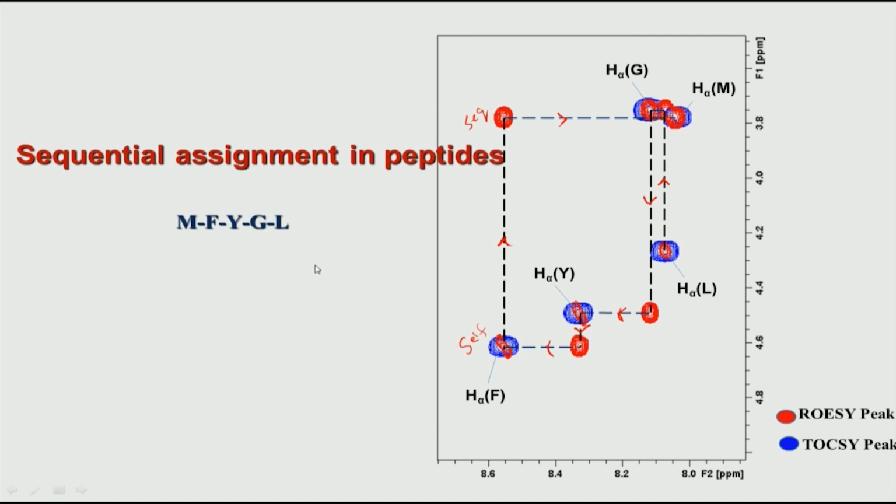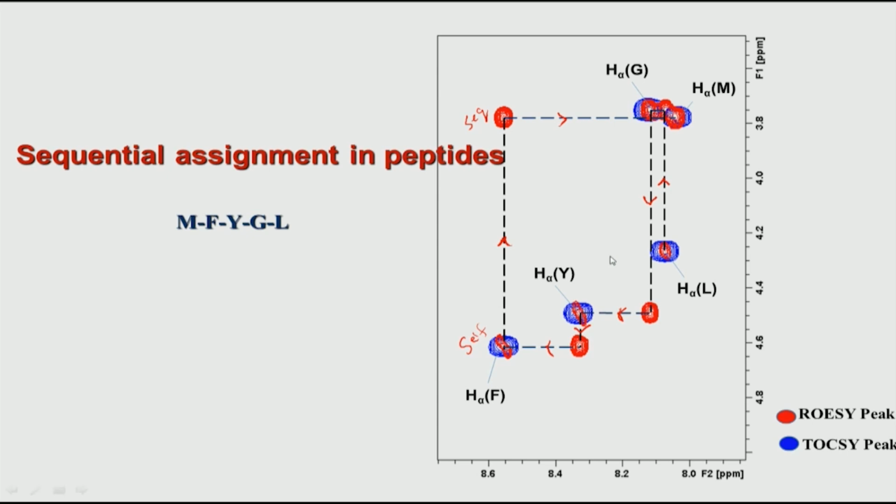Now, for each of the 20 amino acids in proteins, we can look at such random coil peptides and find out where the chemical shift of that amino acid will come if it is in the random coil conformation.